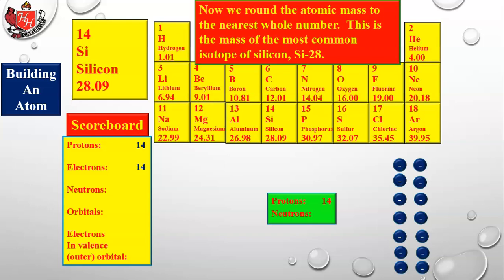So we're going to replace the 28.09 with just a 28. Watch what happens where the arrow is pointing. We replace it. So the most common isotope of silicon has a mass number of 28. That means it has a total of 28 protons and neutrons added together.